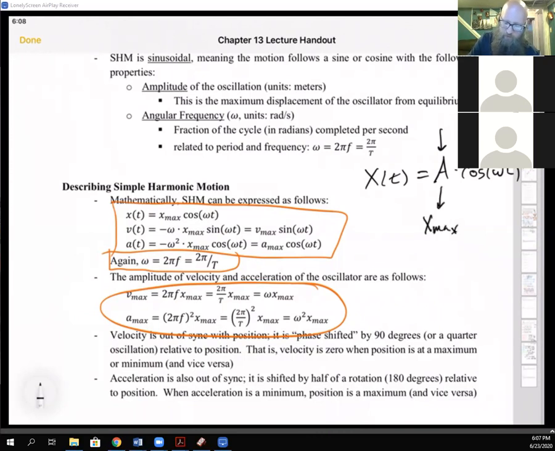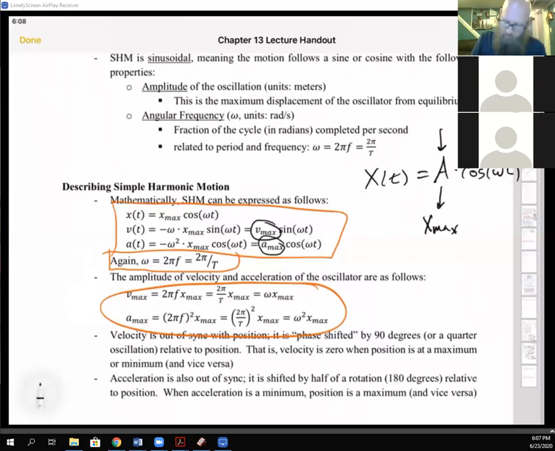That's the amplitude of the motion. But I suppose you could say the amplitude of the velocity here is V max, and the amplitude of the acceleration is A max. So amplitude is a general term for how big the oscillation is. And if I'm talking about a specific motion, I might want to label it more specifically. Does that make sense? Yes, thank you. Cool, awesome. Thank you for asking that question. It's a great question.